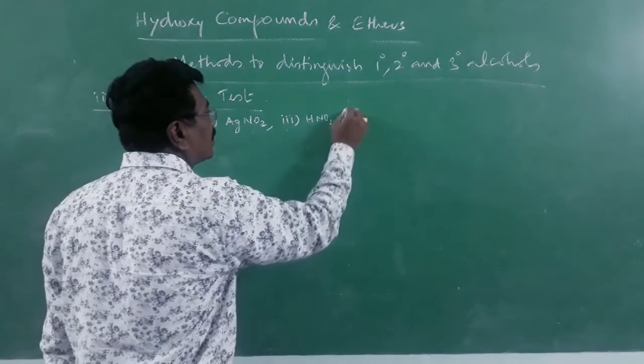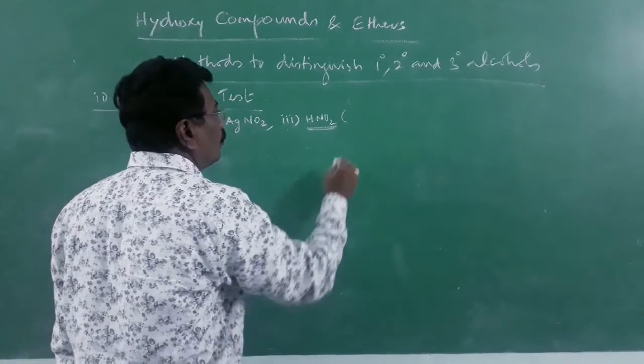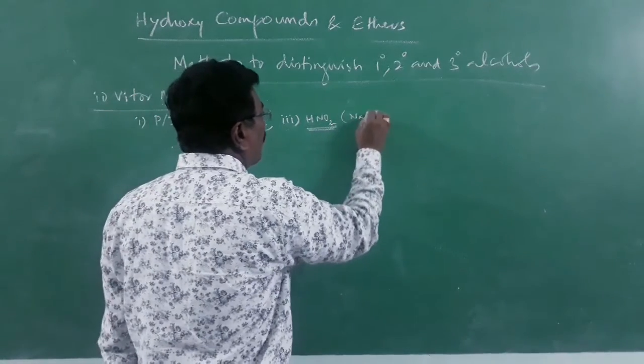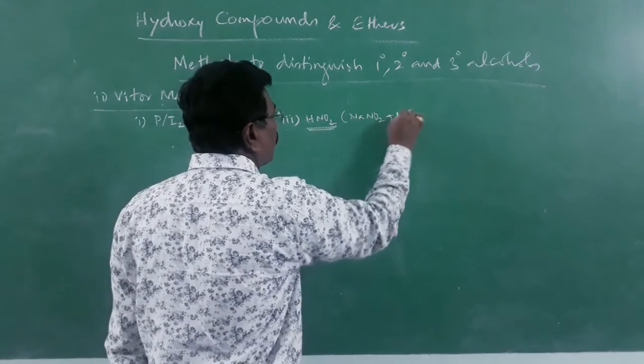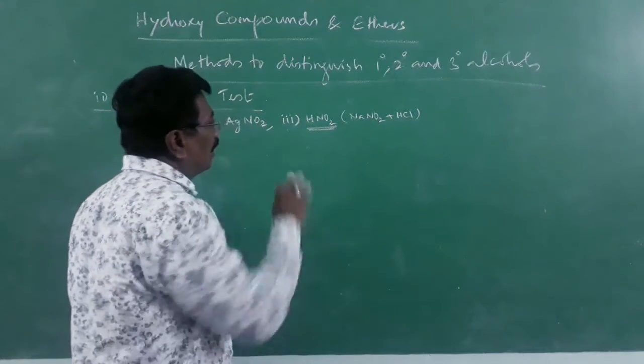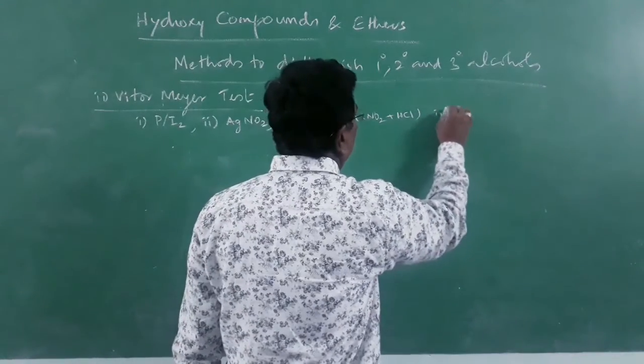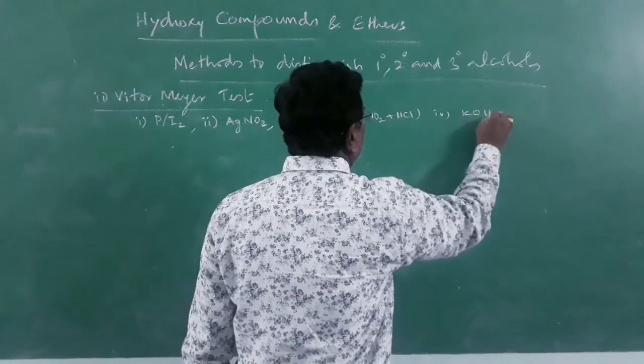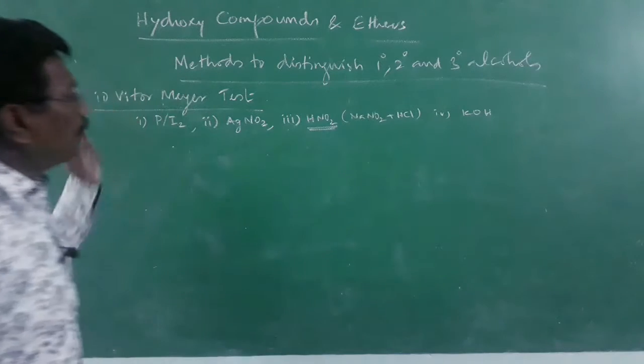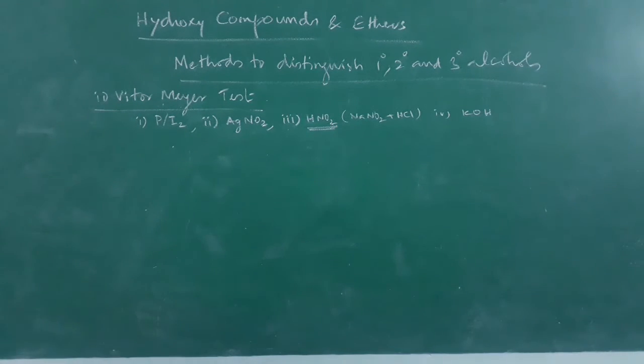Nitrous acid is unstable, so we take a mixture of sodium nitrite and HCl. Finally it is made to react with an alkali, say potassium hydroxide. Based upon the products found, we will be distinguishing primary, secondary, and tertiary.